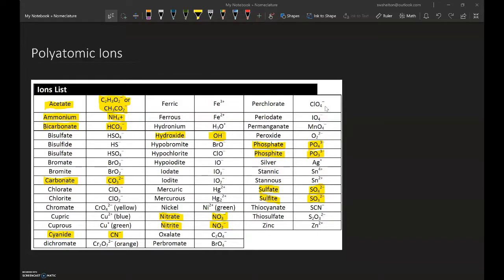Now, the charges are not predictable like the charges are for sodium or calcium or oxygen. These are charges that you're going to have to memorize along with the formula and their name. And so when you start to work with naming the compounds or writing the formulas for the names, it actually is a lot simpler, because you should have at least memorized these formulas and their charges.